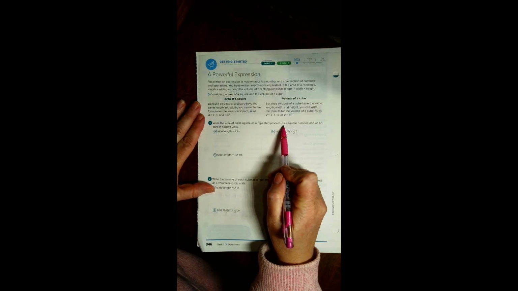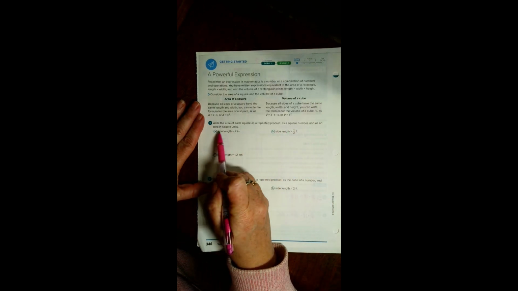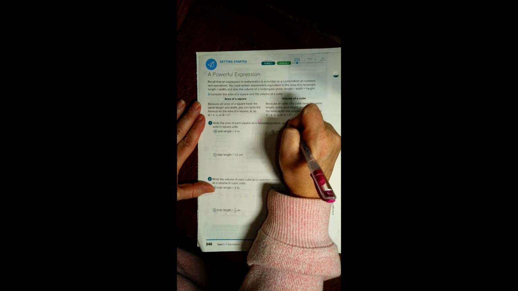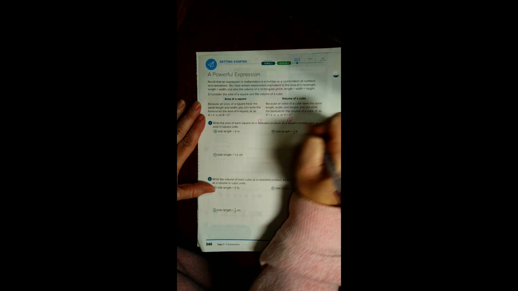Okay, so write the area of each square as a repeated product, as a square number, and as an area in square units. So there's 3 things they want us to do, for each of them.